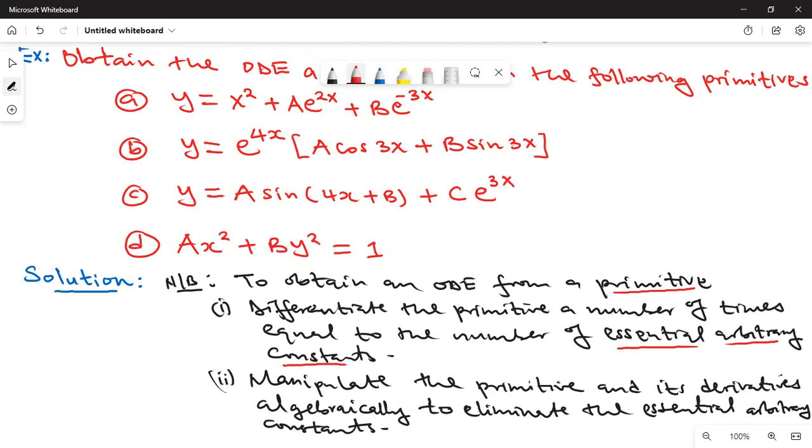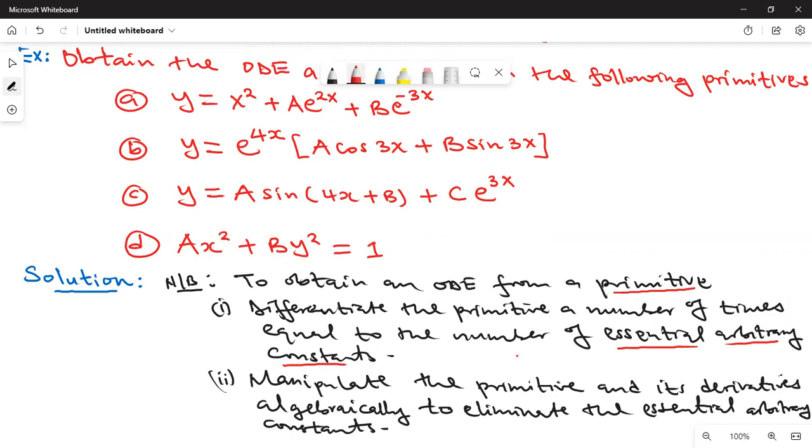Now, when we talk of a primitive, I'm not going to write, I will just explain. Let's first of all define an arbitrary constant. Arbitrary constant means an undefined constant in a function, a constant that you don't know its value.